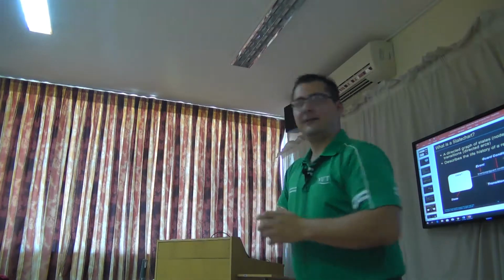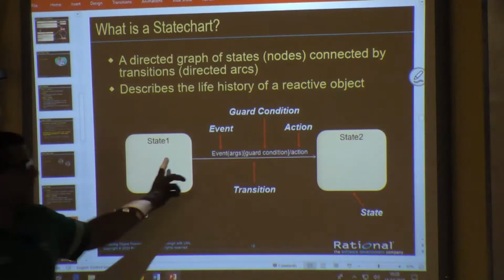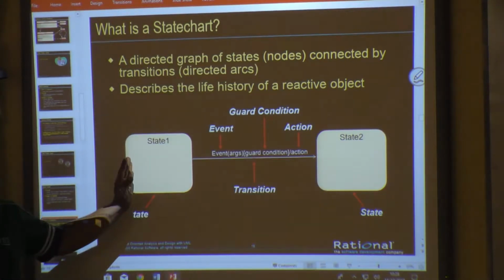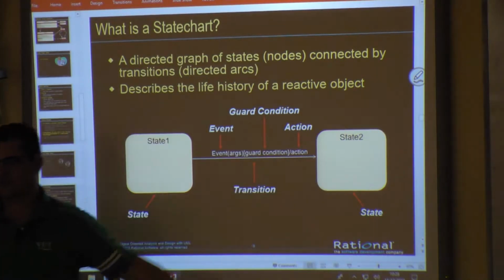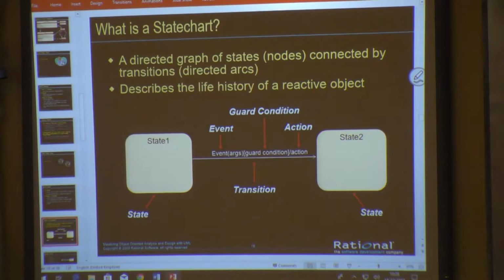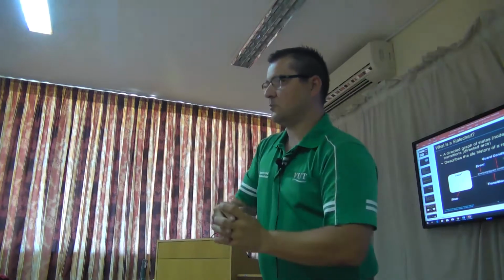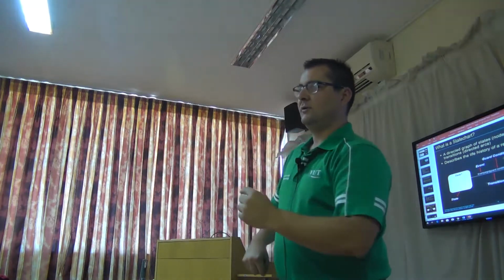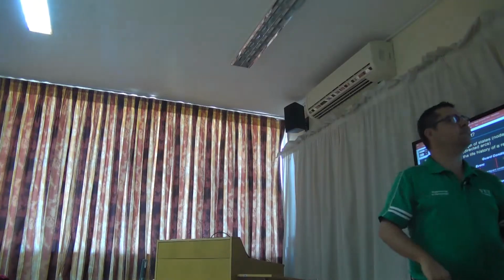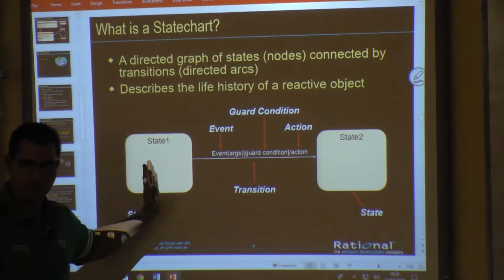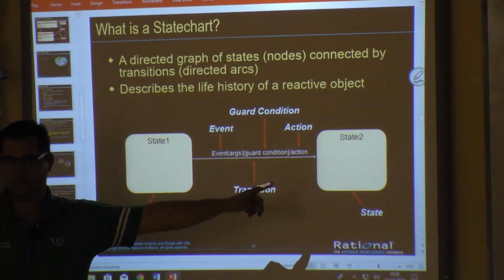Yes, this transition. But what will make you go from just a plain student to a registered student? Adding subjects, yes. So that operation, or that use case where you start to add subjects, will make you transition from one to the other.